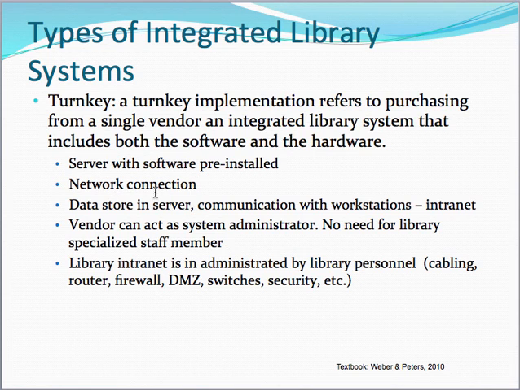You will have a network connection, data stored in the server, communication with workstations. That is called the intranet. So it's not the internet, which is when you go outside your organization. But when you communicate with other computers within your organization, that's the intranet.